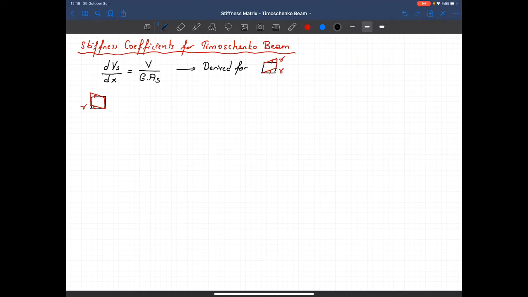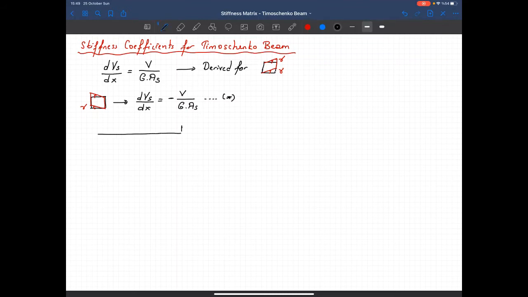So for this type of deformation, my equation becomes dvs over dx is equal to minus shear force divided by G times As. This is the governing equation for this given deformation. Now again, I want to derive these stiffness coefficients for a member. So I'm drawing a member.